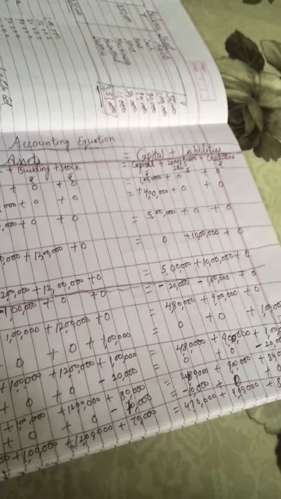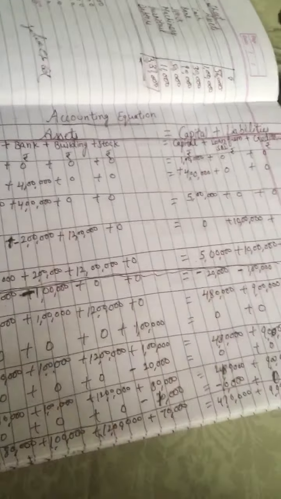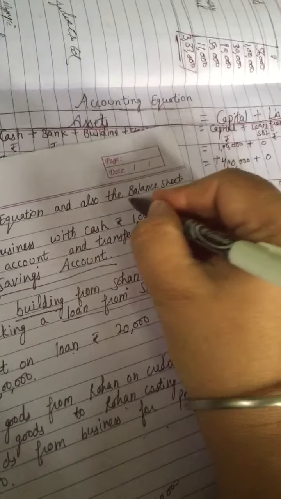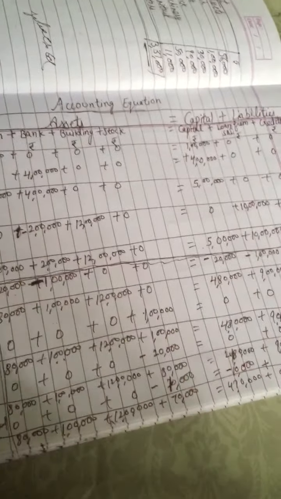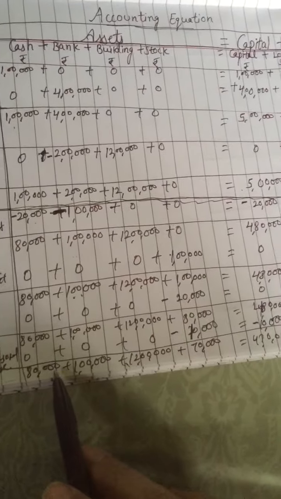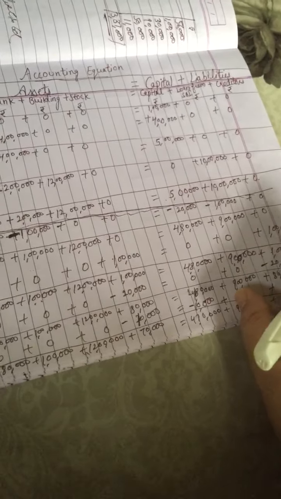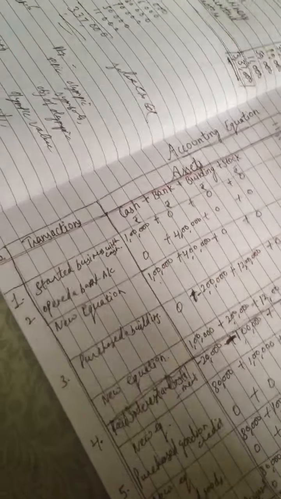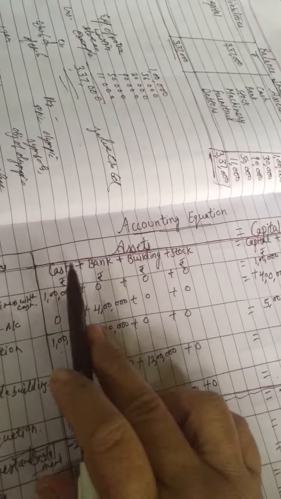After that we have to make a balance sheet also, and the balance sheet can be prepared with the help of the last new equation, or accounting equation, or balance sheet equation. So we have assets: cash, bank, building and stock.